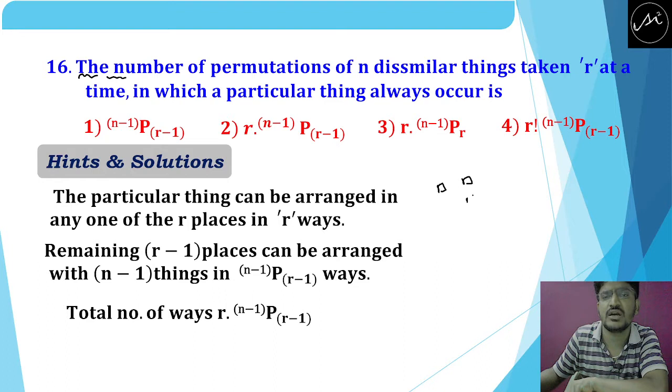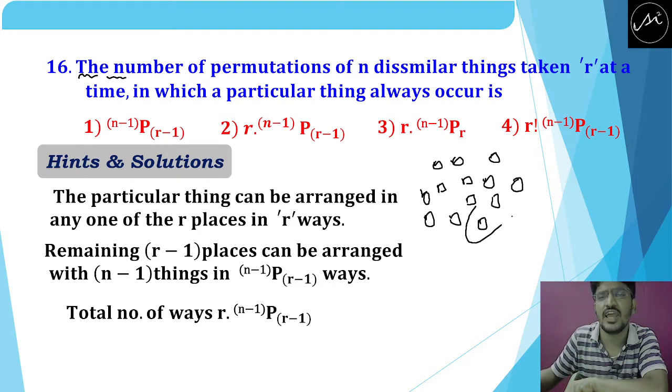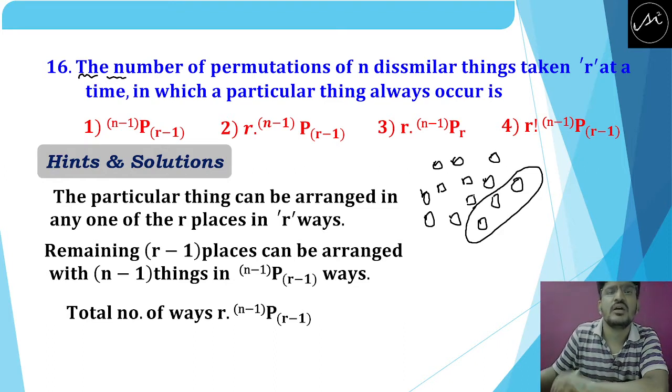Let us take these are some n different things. From these n different things, we have to choose r elements at a time, in which particular things always occur.